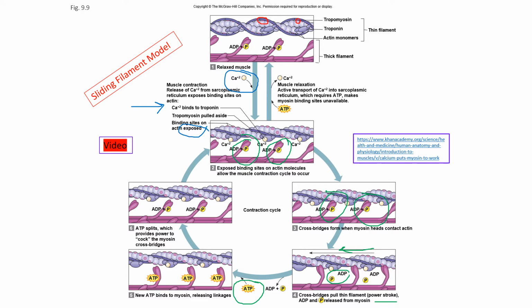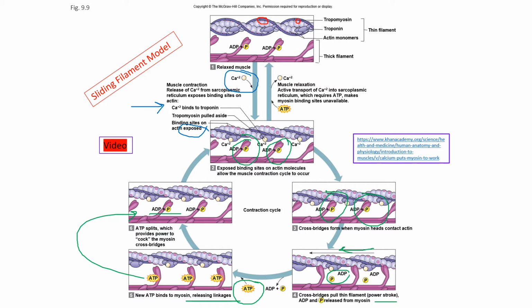And when that ATP comes on board and touches these cross bridges, that results in them breaking off of the actin. They disassociate, so the link is released. And then notice what happens to the ATP. It's broken down back into ADP and phosphate, and that causes these cross bridges to recock.